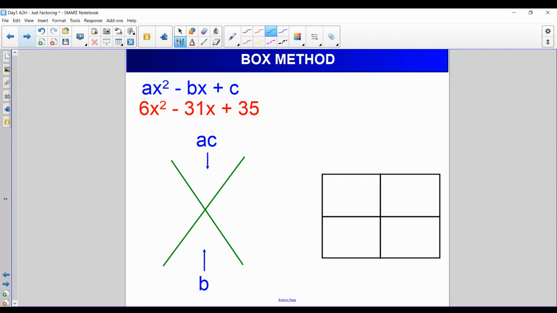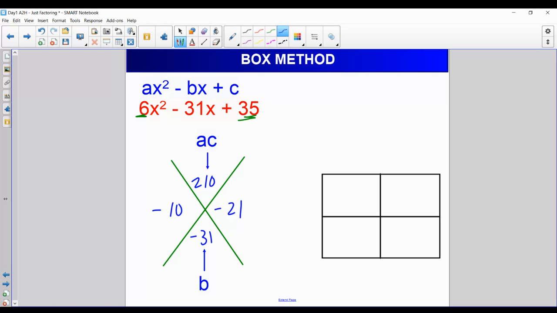Okay, so I am multiplying 6 times 35, so I get 210. Taking the middle number, negative 31, I'm looking for two numbers that multiply to be 210 and add to be negative 31. So you might want to make your little table of all the factors. If I do that, I'm going to come up with negative 10 and negative 21.